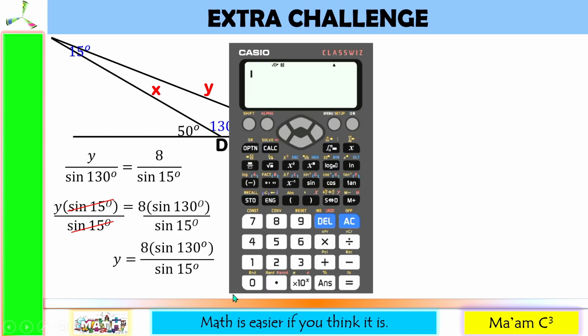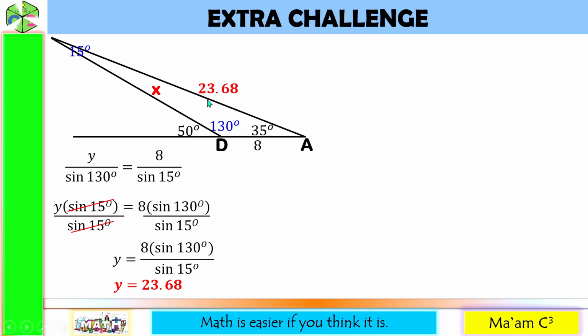Let us compute that. So we have here 8 times the sine of 130 degrees all over sine 15 degrees. And this will give us 23.68, rounded off to the nearest hundredths. Let me write it here, 23.68.